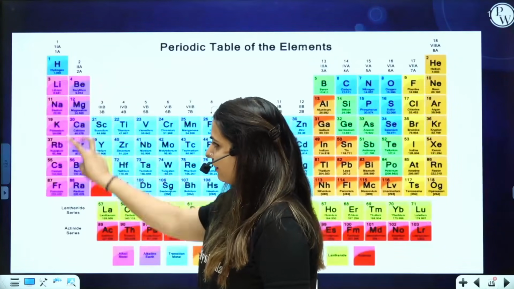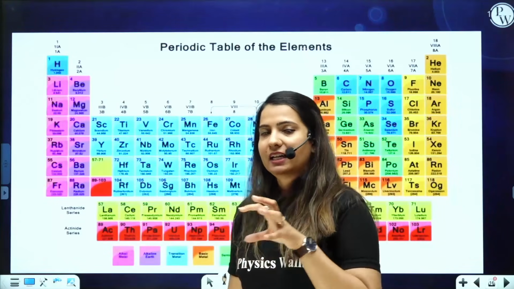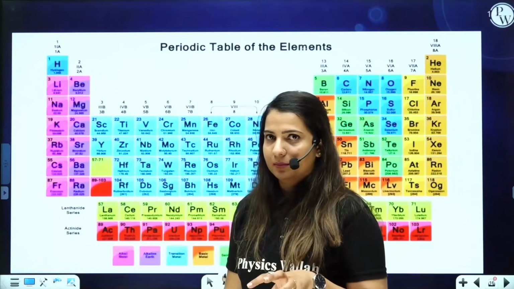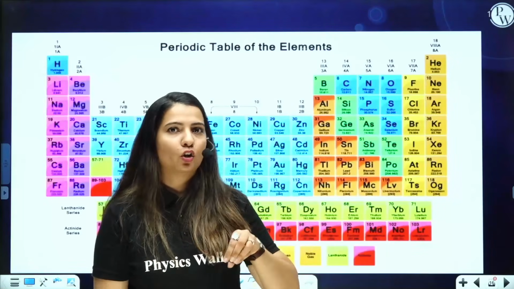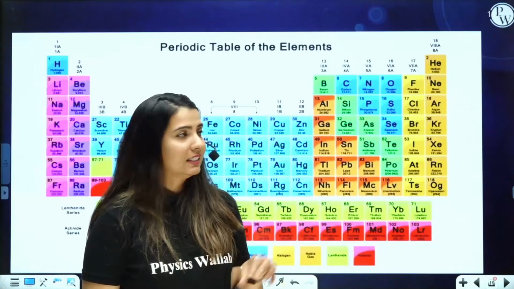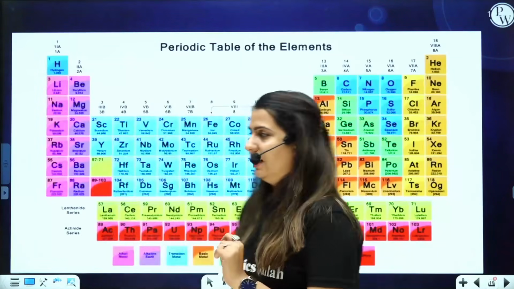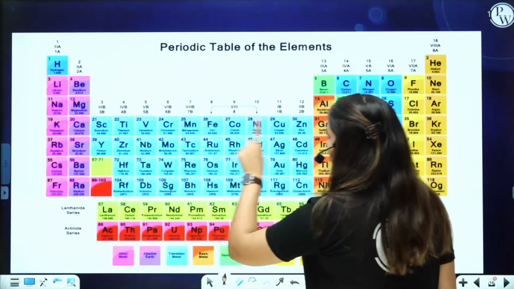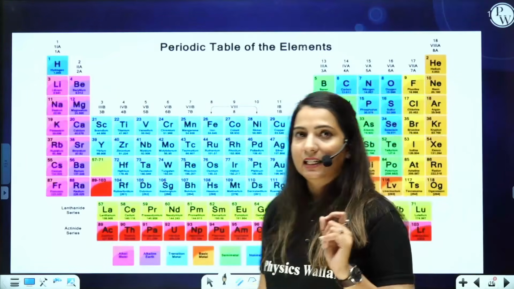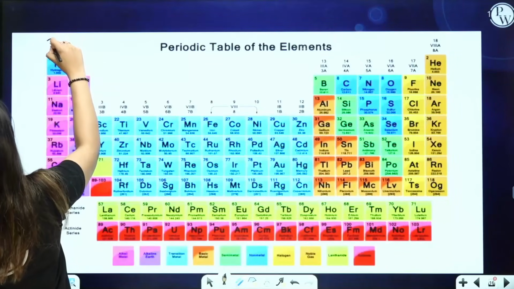These 2, the very left groups, are called the S block elements. The very right hand side 6 groups will be called P block elements. The groups which are present in between, from the 3rd to 12th, are called D block elements. So I am first writing over here. This is first group.